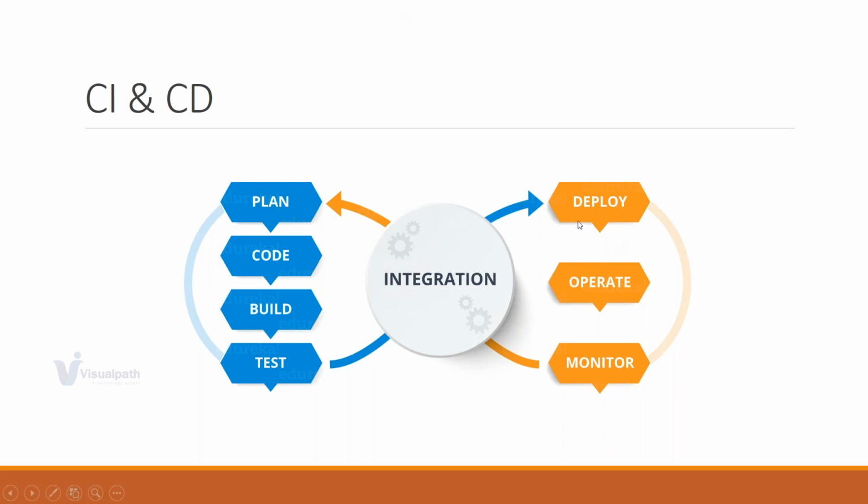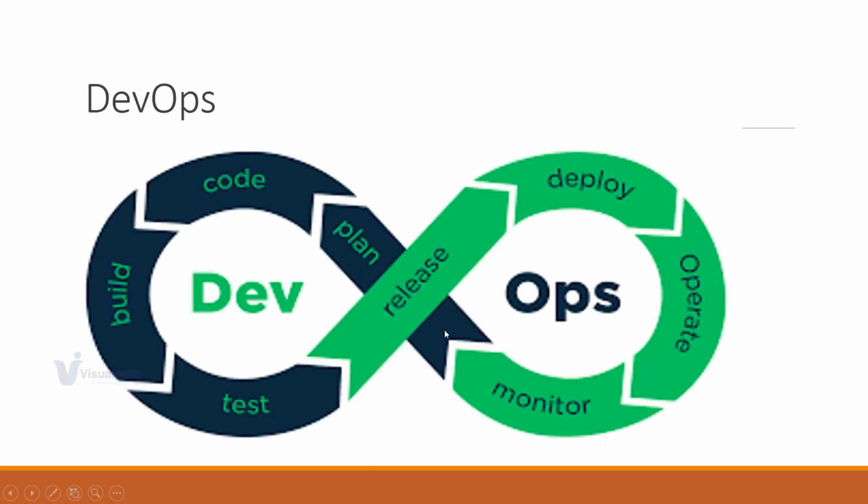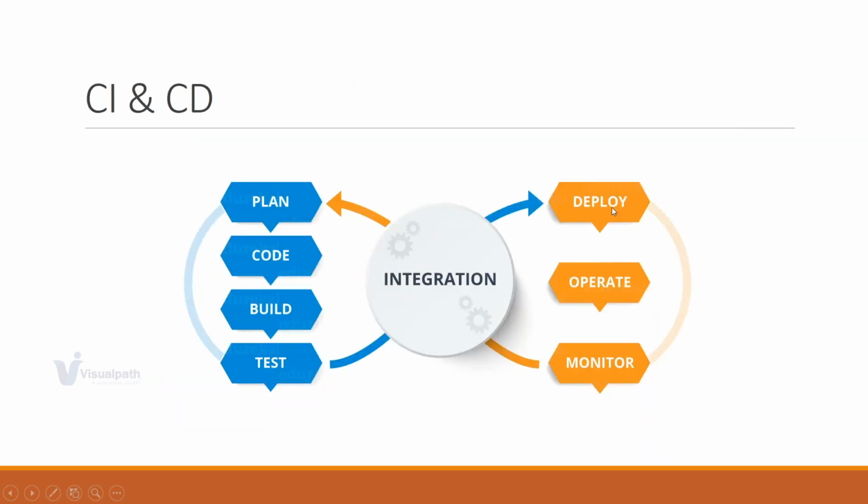On the right side of this image, the tasks deploy, operate and monitor, this entire process we call deployment, and once you automate it, we call it continuous deployment. You will get this in detail when we start discussing that topic in the course. I'll create different types of jobs with respect to CI and CD as well.